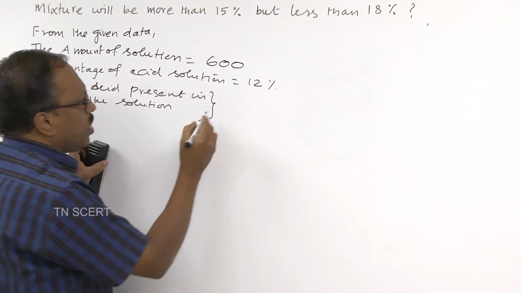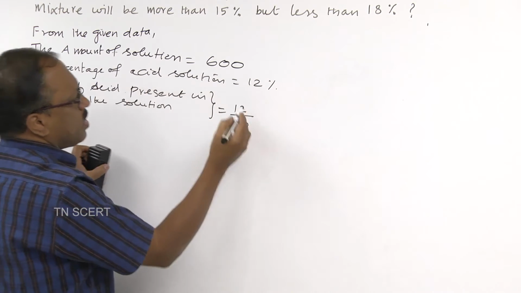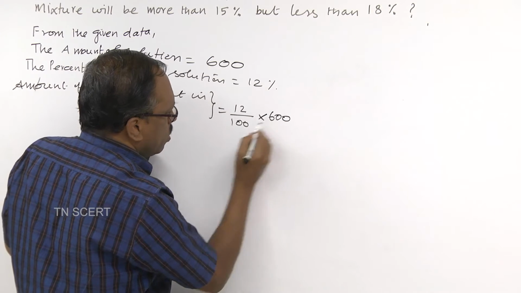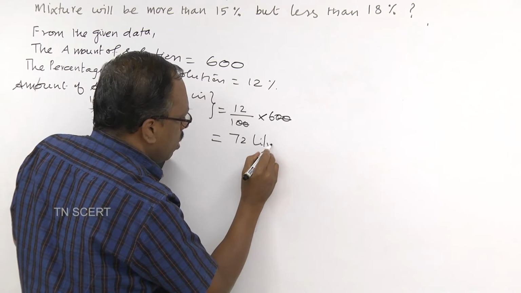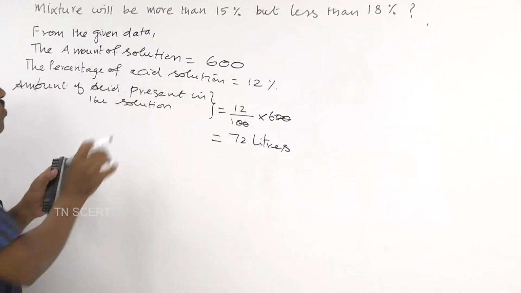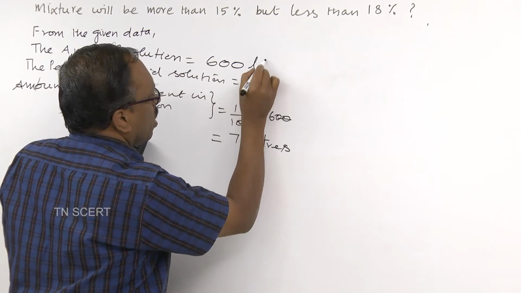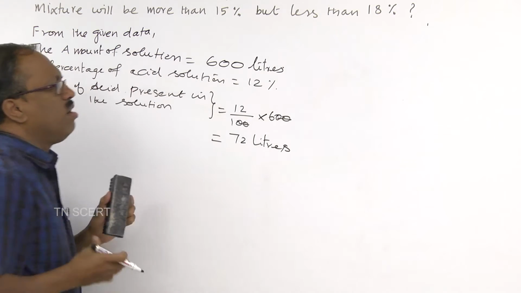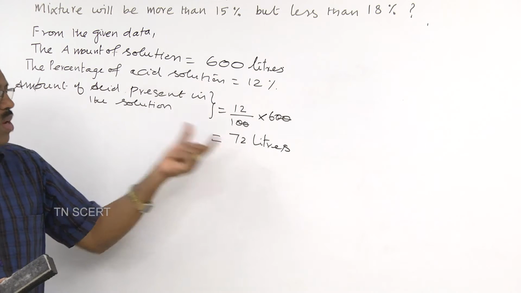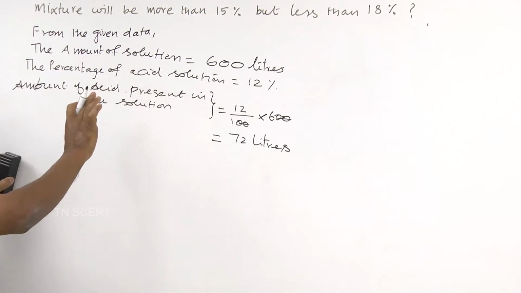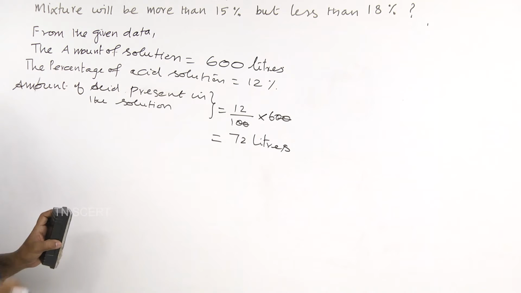So what should I do here? 12%, this is the acid percent, into 600, so that these two will finally give 72 liters. How much acid is present within the 600 liters? It is given, 600 liters of solution. Within the 600 liters, 12% is 72 liters. The first part we have done with the data: how much acid is present in the solution.